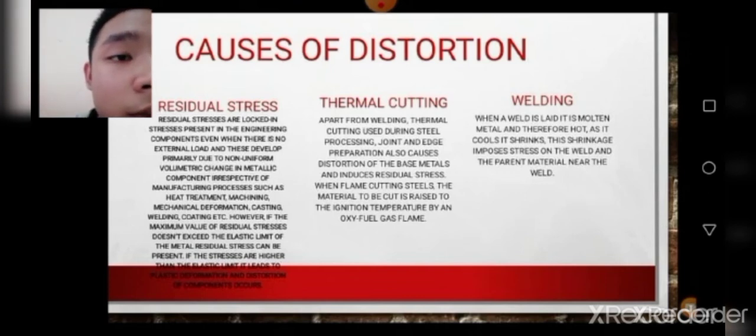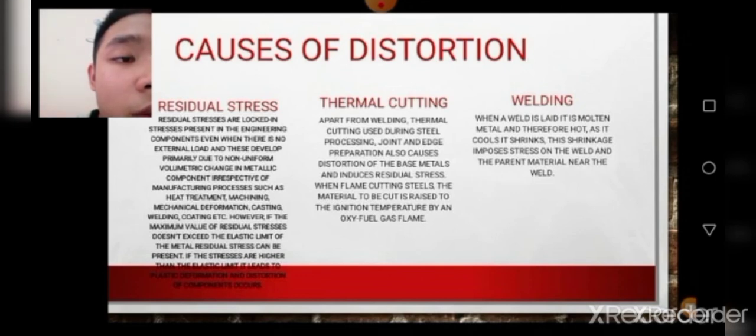Thermal cutting. Apart from welding, thermal cutting used during steel processing, such as edge preparation, can also cause distortion of the base metal and induce residual stress.